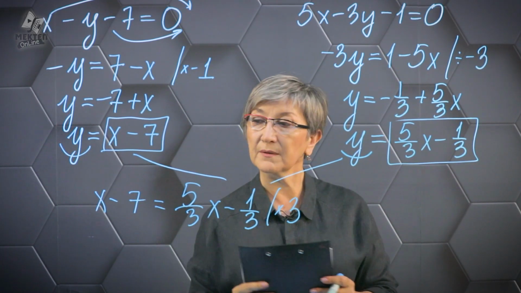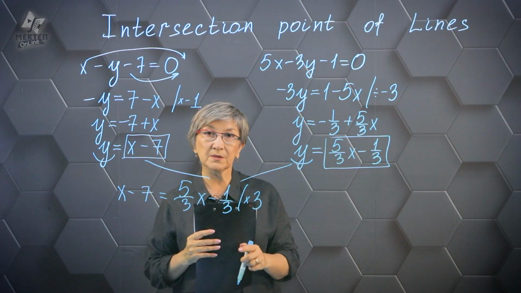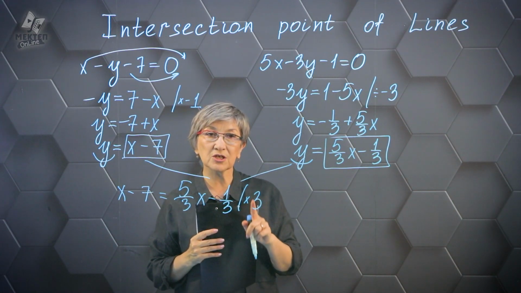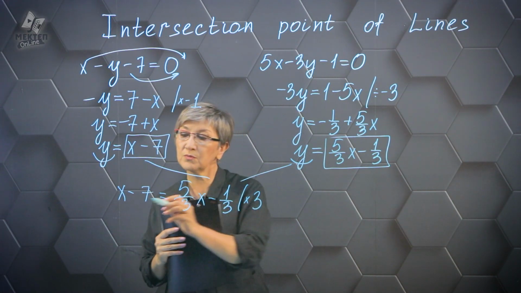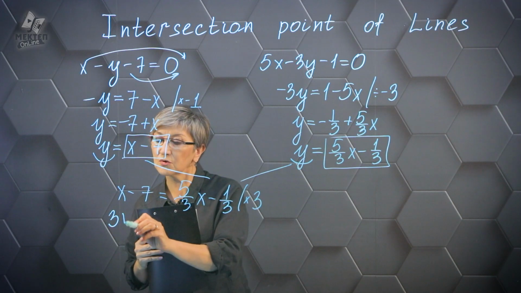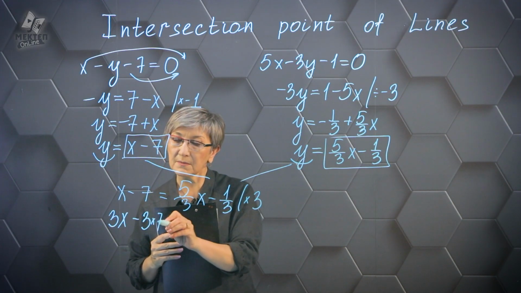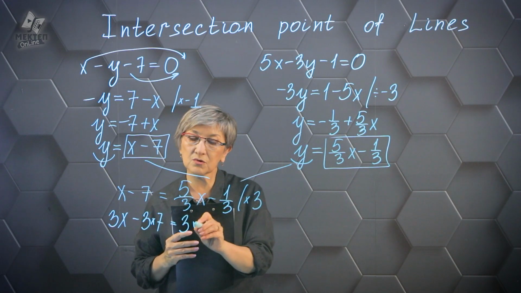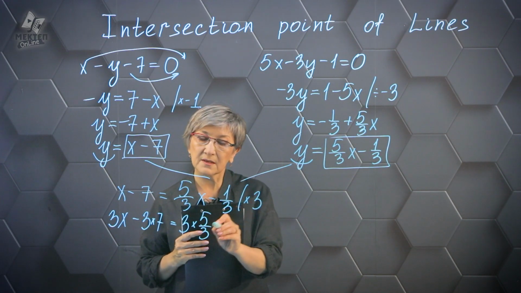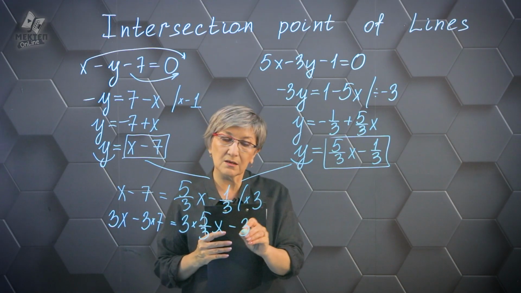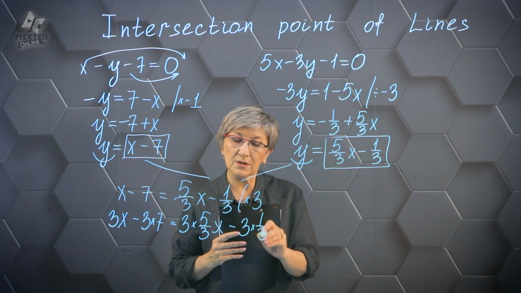We multiply both the left and right sides by 3. Don't forget that we must multiply each term by 3. When you multiply 3 by x, you get 3x, and subtracting 3 times 7 equals 3 times 5/3 x minus 3 multiplied by 1/3.